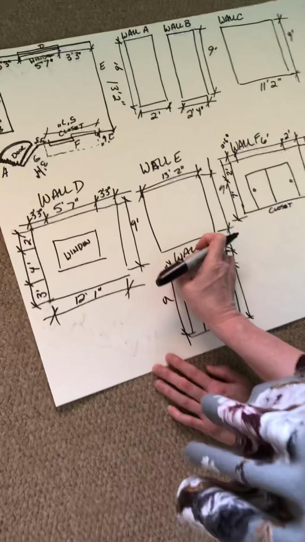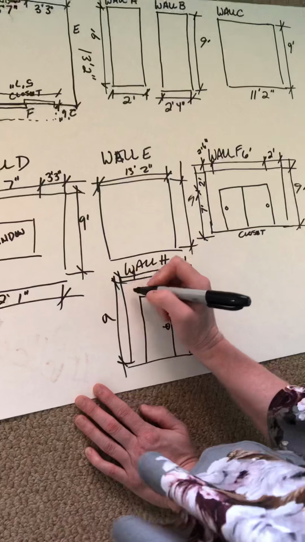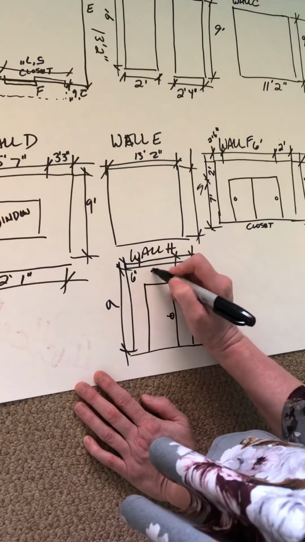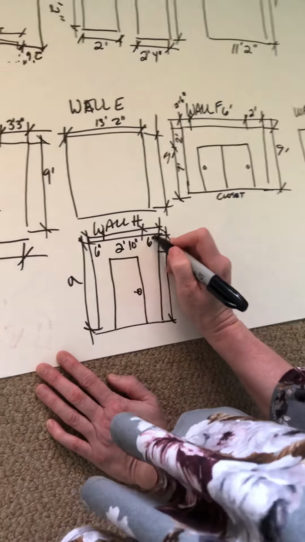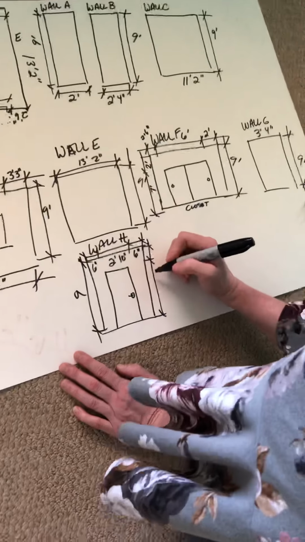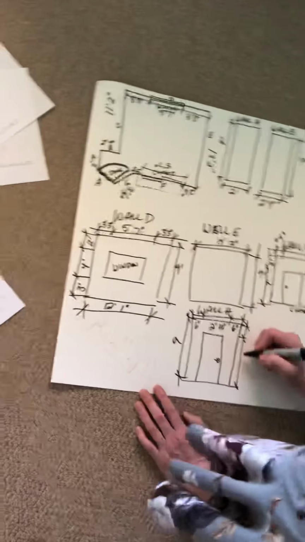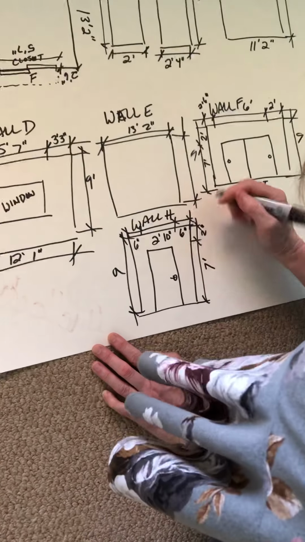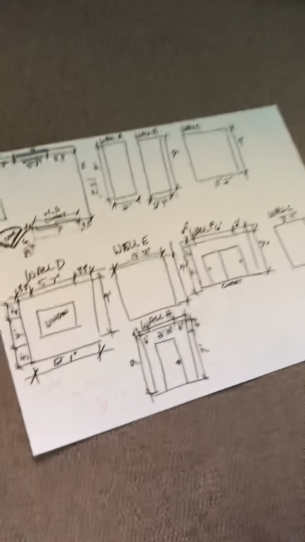And see, this is big on here compared to that, but it doesn't matter because this is just a sketch. So 6 inches, the door was 2 feet 10 inches, and then it was 6 inches on this side as well. The height of the door, I did not measure it, but I'm pretty sure it was 7 feet. And then this would be 2 feet. 2 feet. Okay, that's all you got to do, you guys.